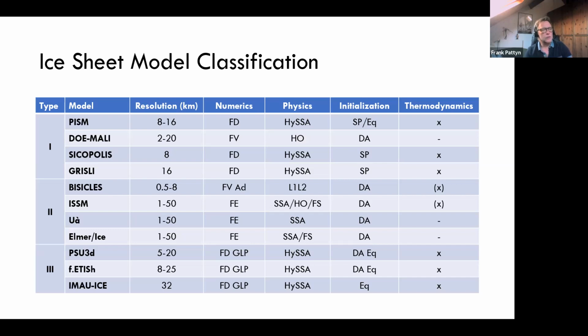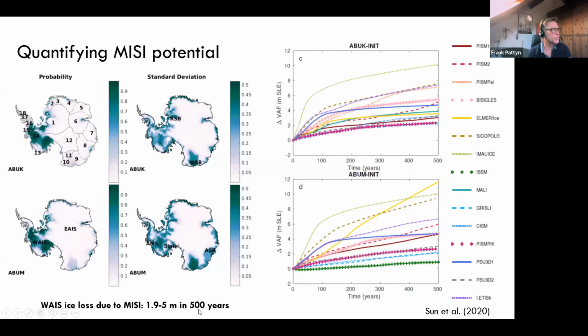And then yes or no inclusion of thermodynamics and thermomechanical coupling. But so we have high resolution models, we have lower resolution models with some kind of treatment of the grounding line, and then we have a series with the parameterizations at the grounding line. So that is more or less the groups we have.